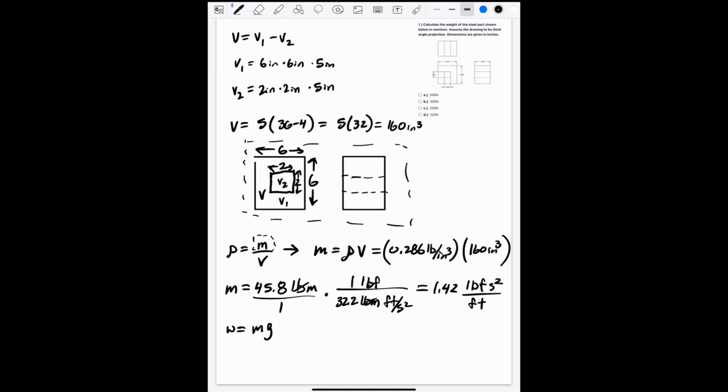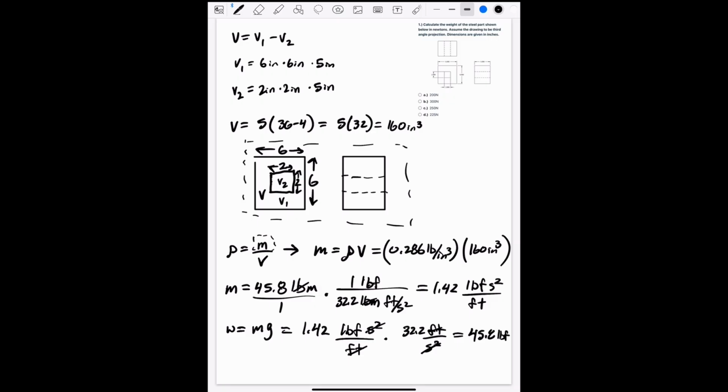And so now we're going to take this, which is 1.42 pound force second squared per foot, multiplied by gravity, which is 32.2 feet per second squared. Units cancel out nicely, and we're back to what we originally had, which was 45.8 pound force.